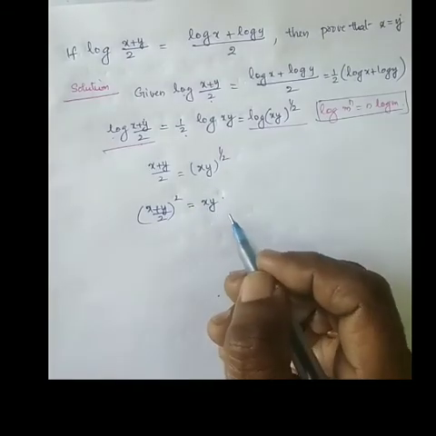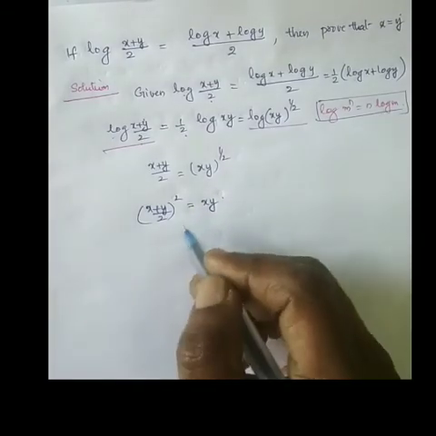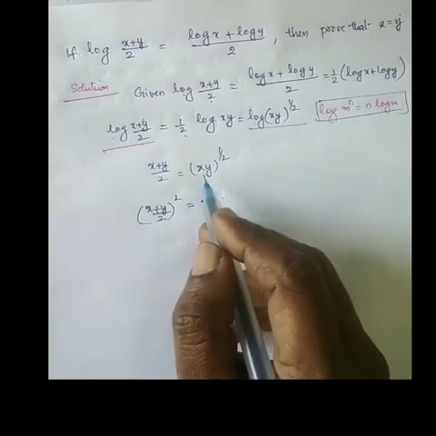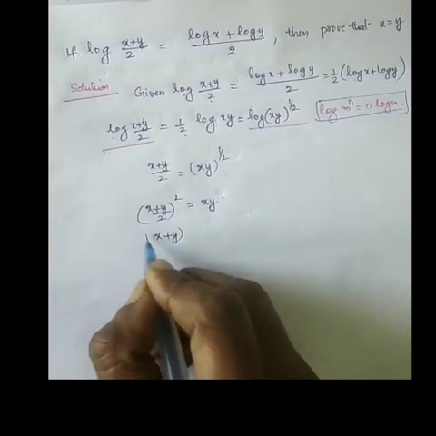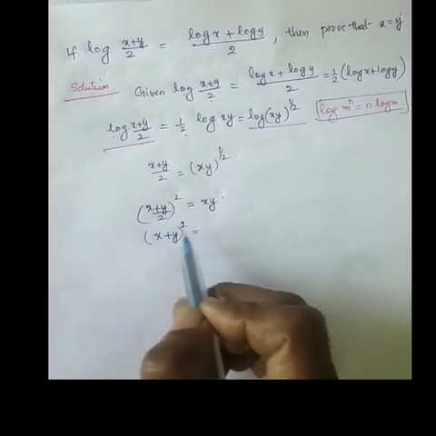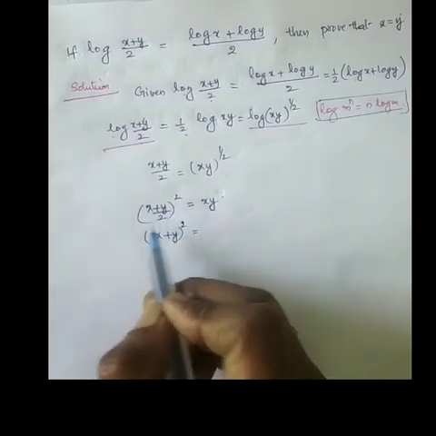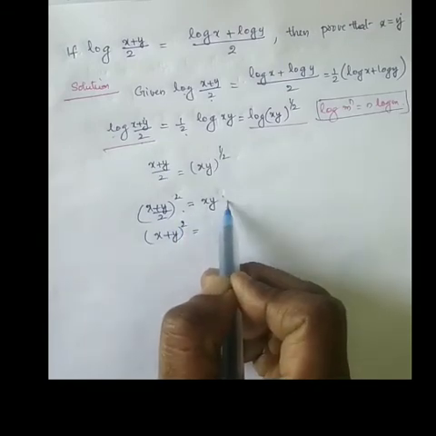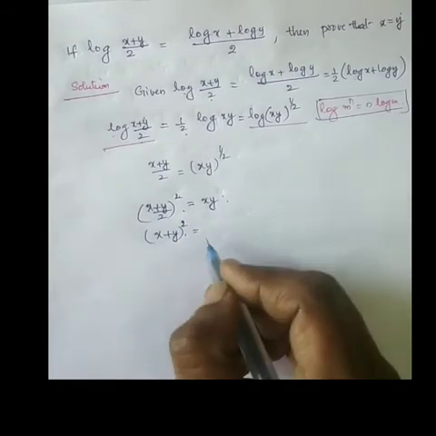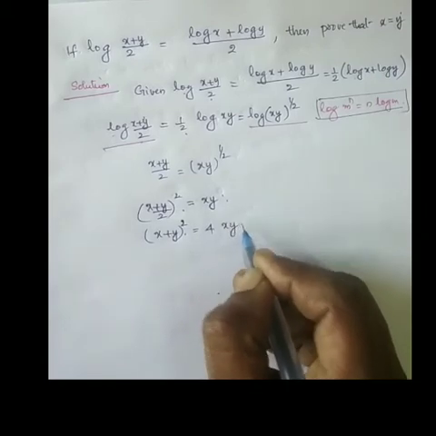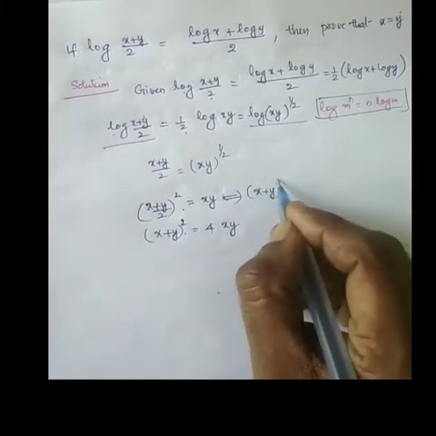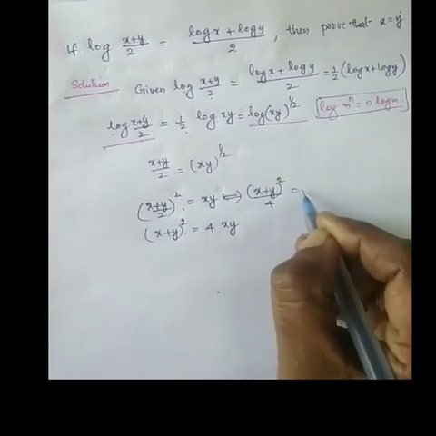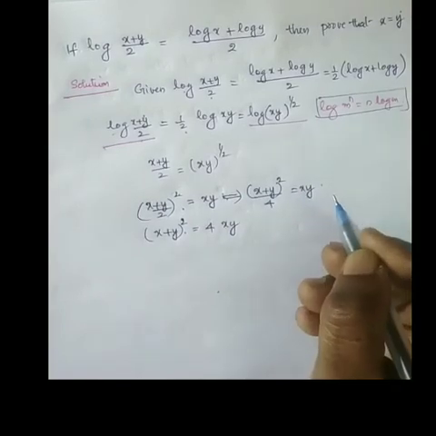That is (x plus y) the whole square by 4 equal to xy, and (x plus y) the whole square equal to 4 into xy, 4xy.